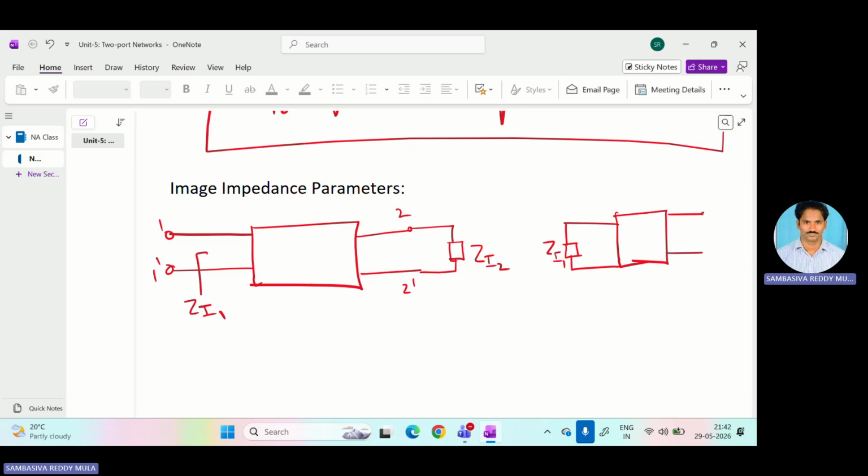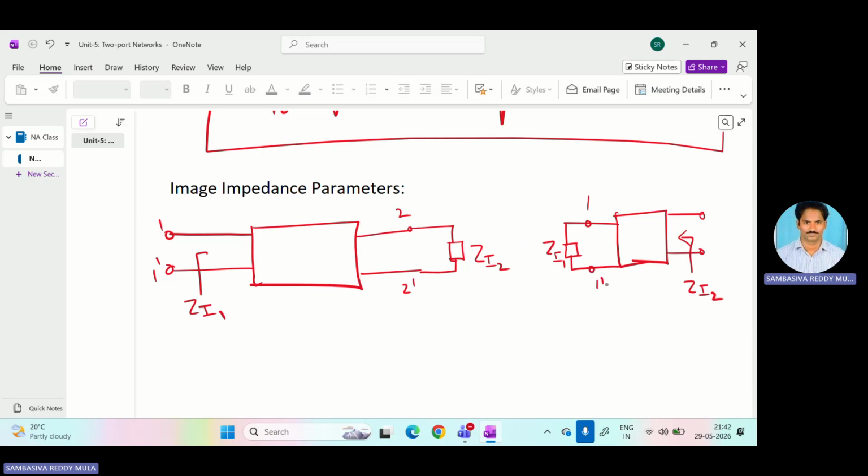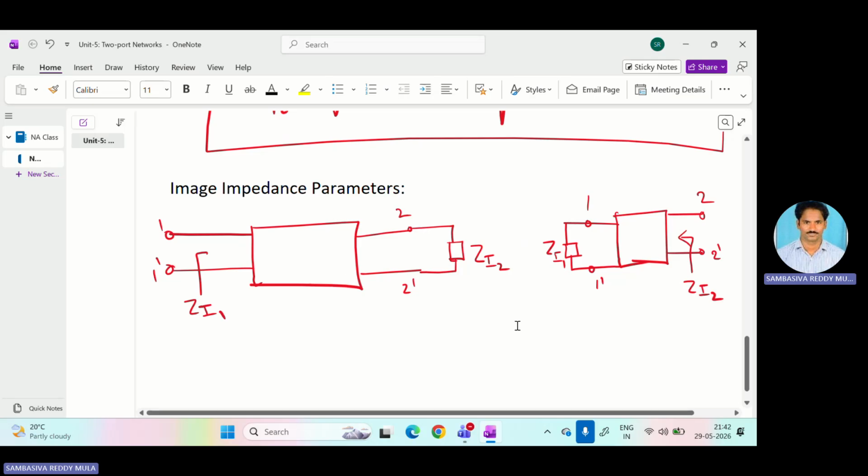As the network is bilateral, you can reverse the terminals also. So this will be ZI2. When the input pair of terminals is terminated with ZI1, then the output impedance is measured as ZI2. So this is the same definition in reverse manner. So here ZI1 and ZI2 are called image impedances.